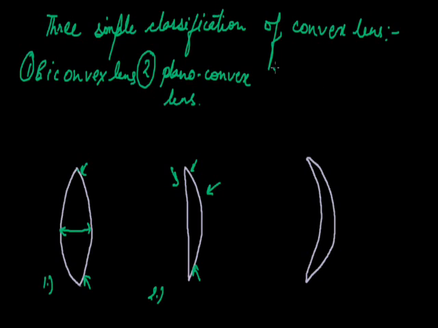The third class is here, in which one surface is curved inward and one is bulged out, again we can observe that the middle part is thicker than the edges of the lens. Here this lens is called concavo-convex.